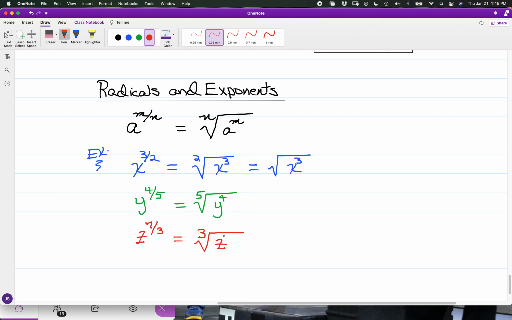So z to the 7/3 is equal to the cubic root of z to the 7th. We will discuss that in number 110, and I can use this as a bit of a bridge as we cross over to equations that have non-integer exponents.